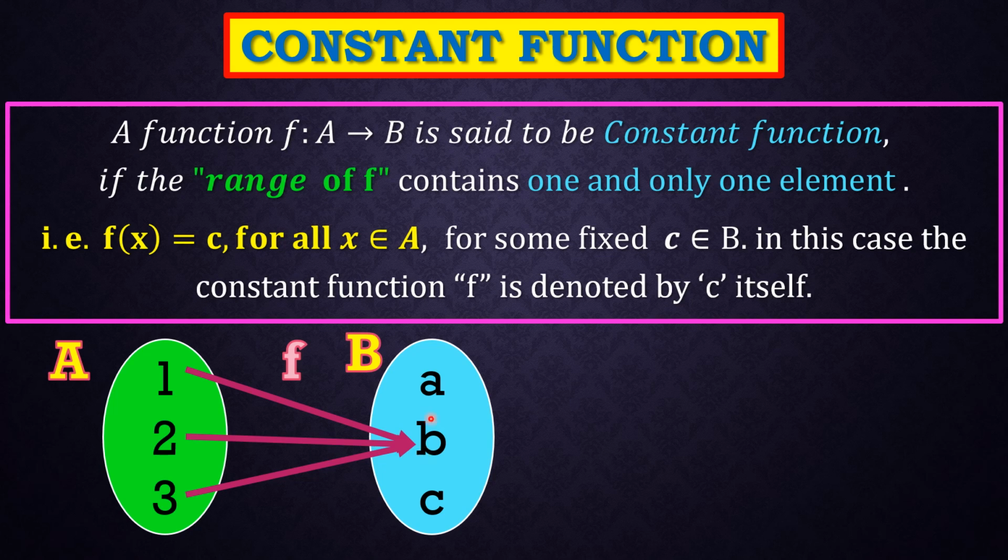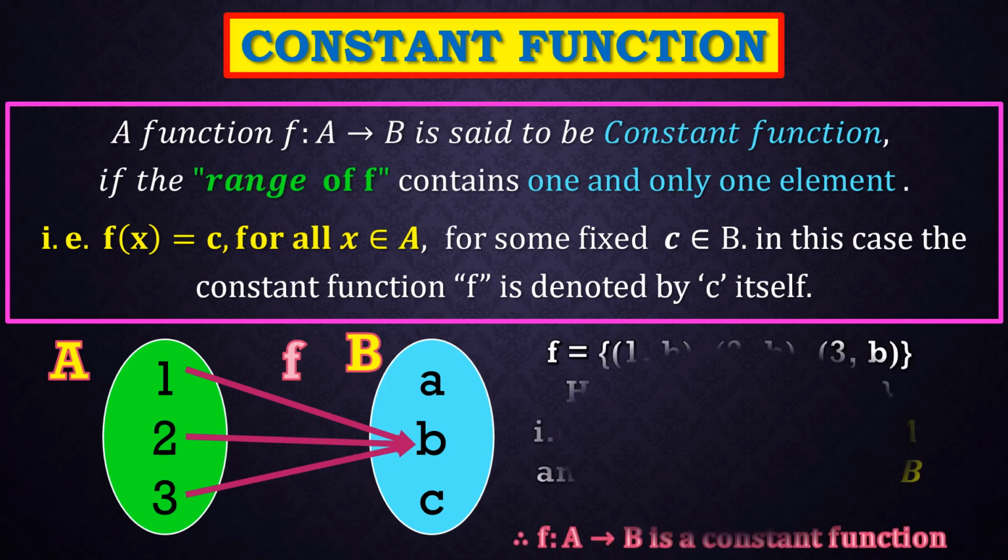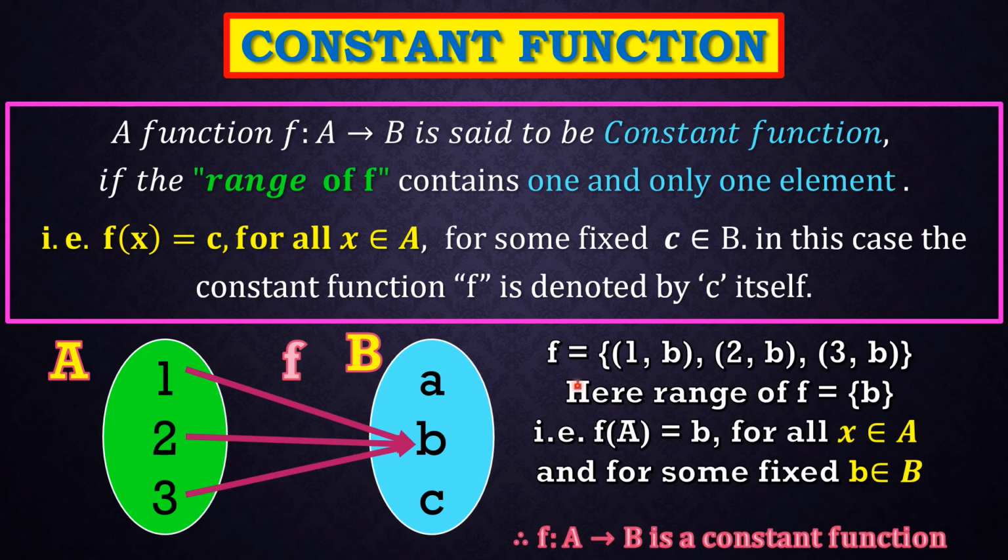Therefore, in the codomain set, the element b is fixed, which is the image of the elements 1, 2, 3 in the domain set. Therefore, here we observe the function f equals the set of ordered pairs (1,b), (2,b), (3,b).